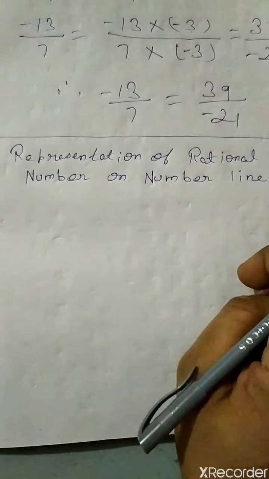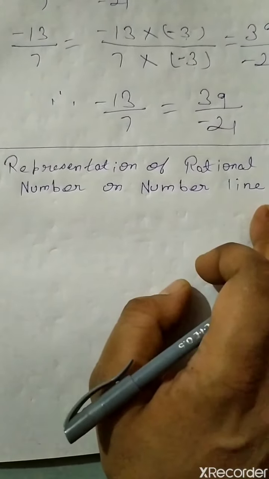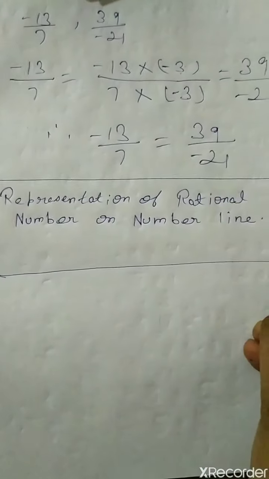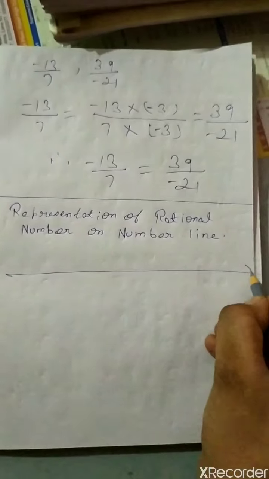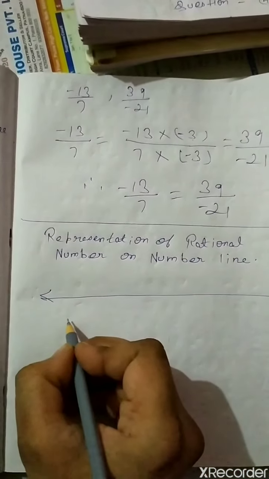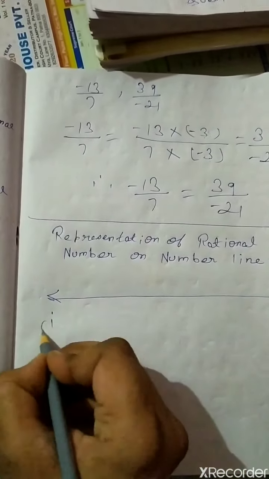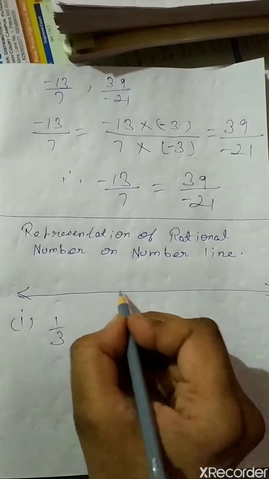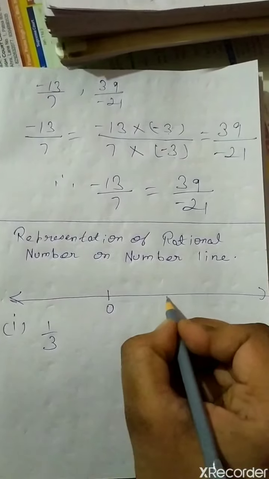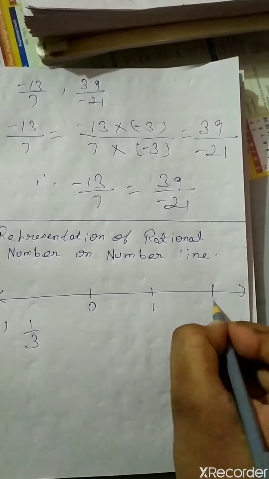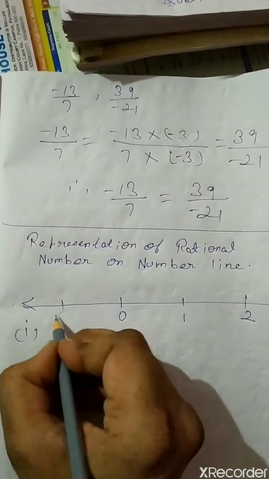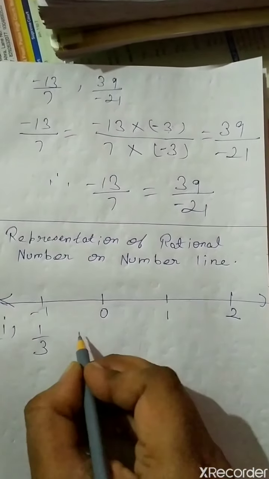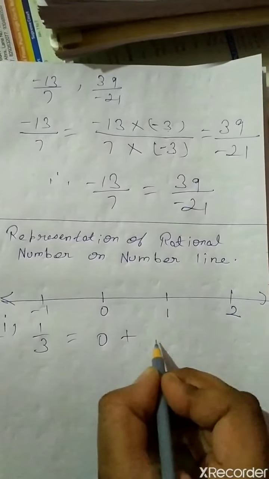Now see the representation of rational numbers on the number line. So you can represent it like this. If the number given is 1 by 3, first divide it into equal parts: 0, 1, 2 on this side, minus 1, minus 2 on the other side. Between 0 and 1, 1 by 3 means 0 plus 1 by 3.